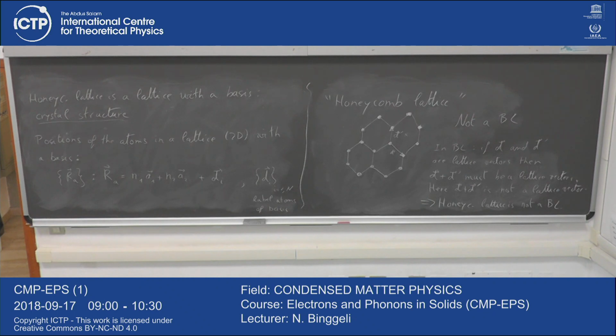This is your freedom, but the number for a given Bravais lattice is fixed. It's the smallest number that allows you to describe the full crystal given the choice of Bravais lattice that you have.